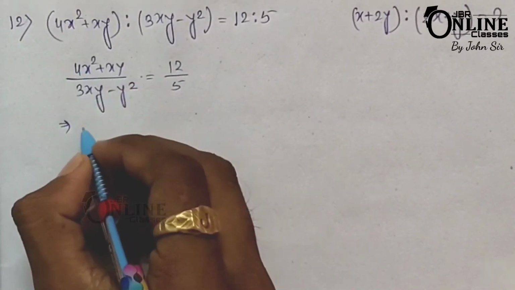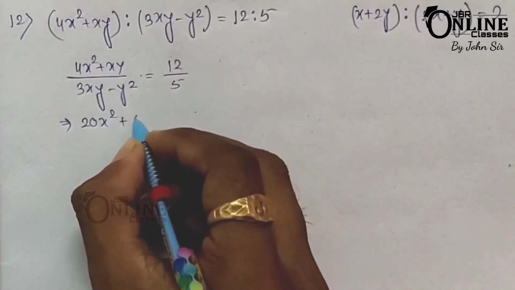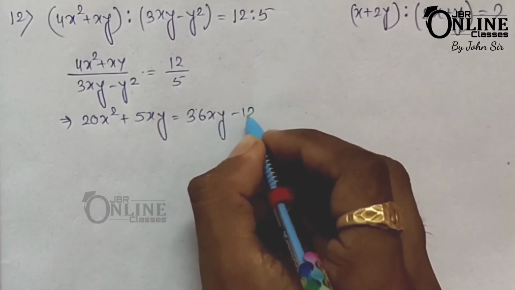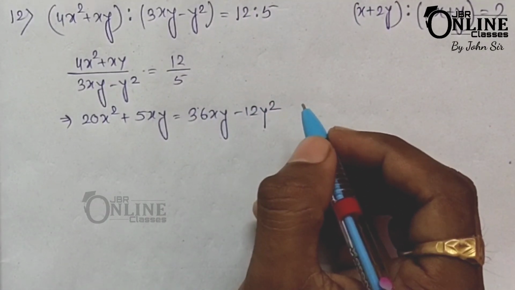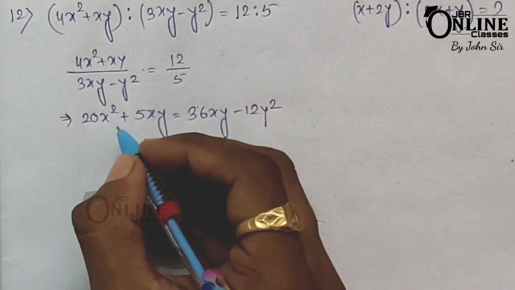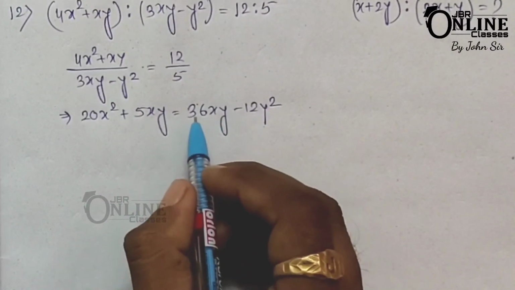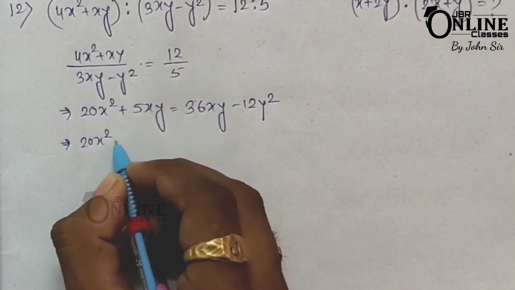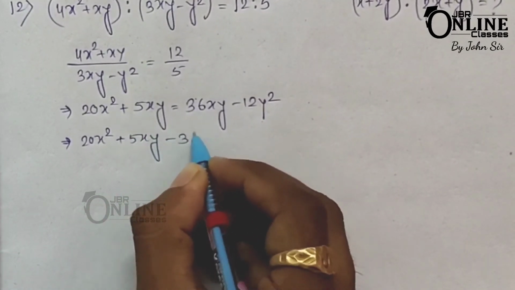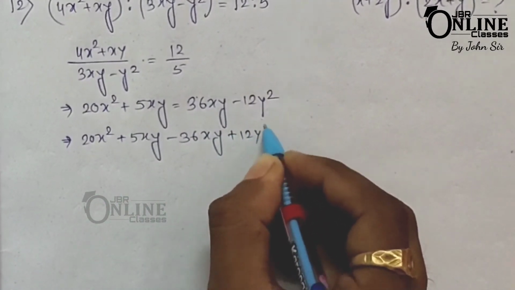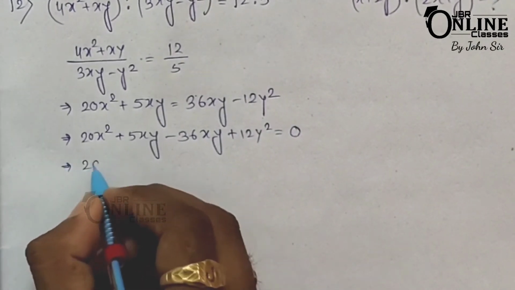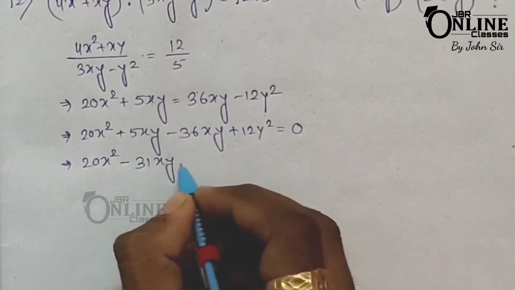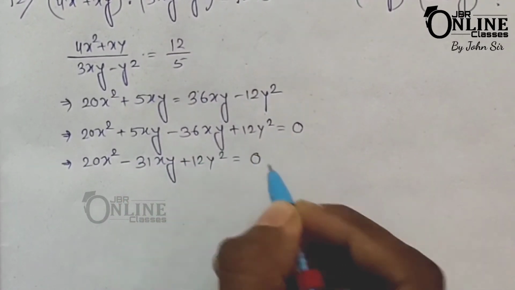Now cross multiply: 5 into 4x square plus 5xy equals 36xy minus 12y square. So finally 20x square plus 5xy minus 36xy plus 12y square equals 0. So 20x square minus 31xy plus 12y square equals 0.